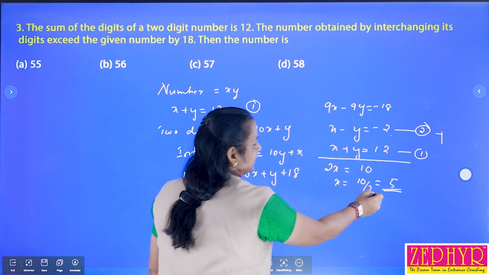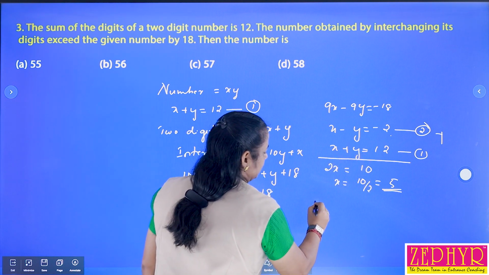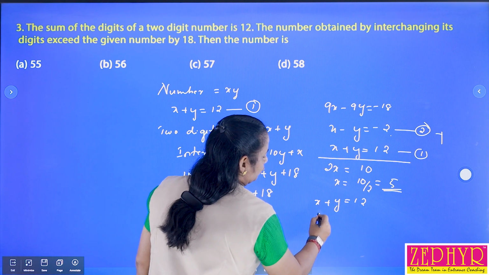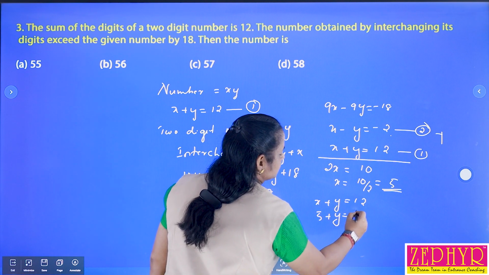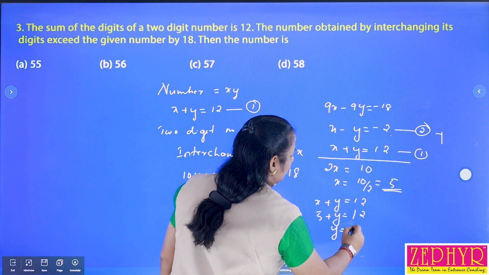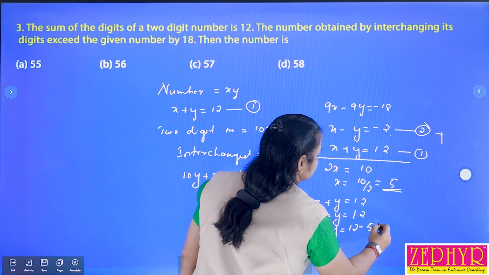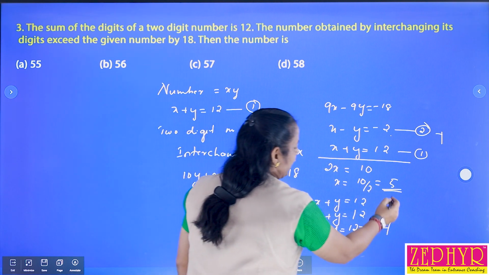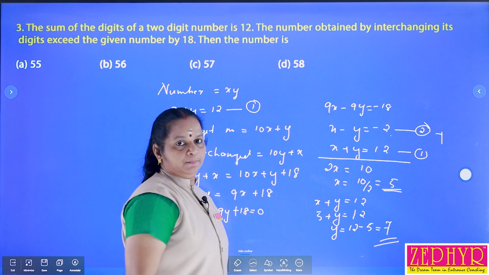Substitute the value of x in any of these equations. So x plus y is equal to 12, x is equal to 5, so 5 plus y is equal to 12. So we get the value of y. Y is equal to 12 minus 5. So it is 7. So we get x is equal to 5 and y is equal to 7.